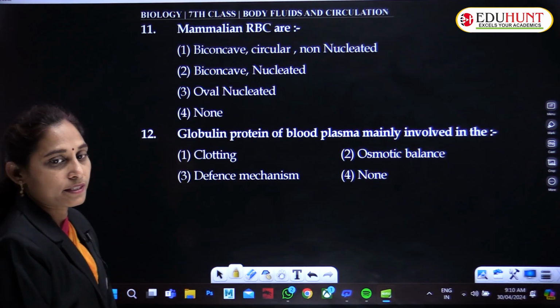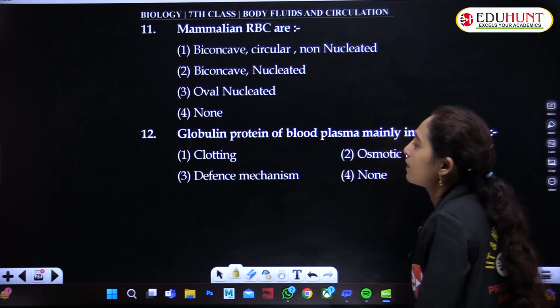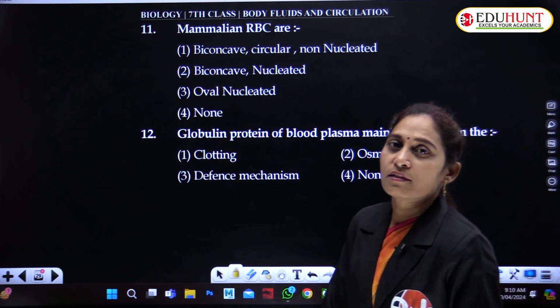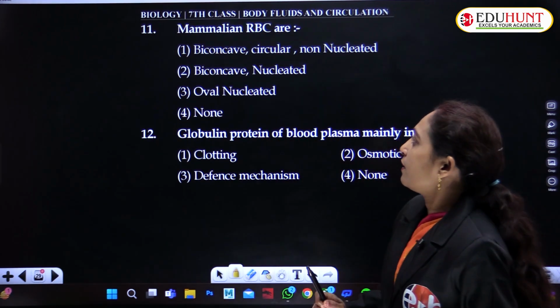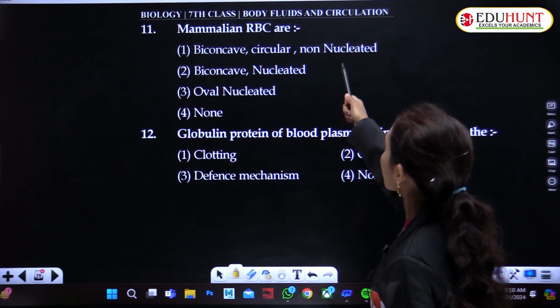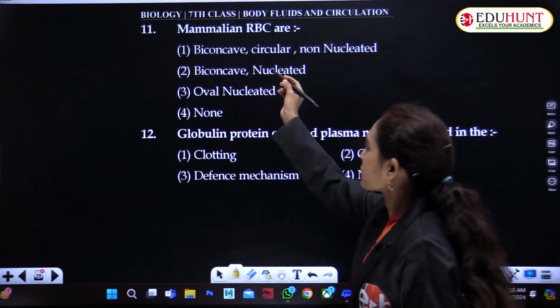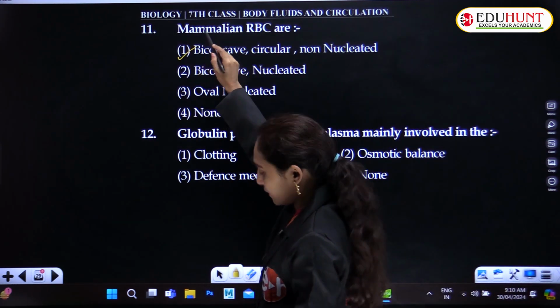Mammalian RBCs are, we know that they lack nuclei and are also biconcave and circular. Yes, the first one is the correct option. Biconcave, circular and non-nucleated.